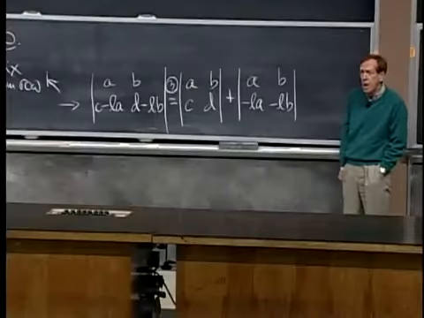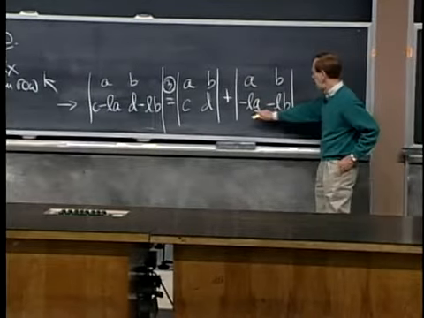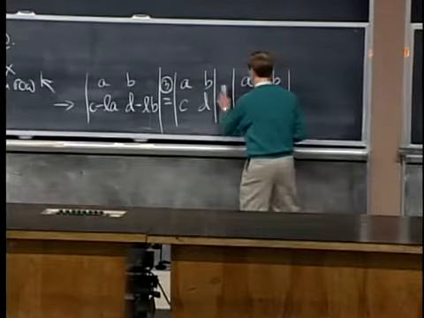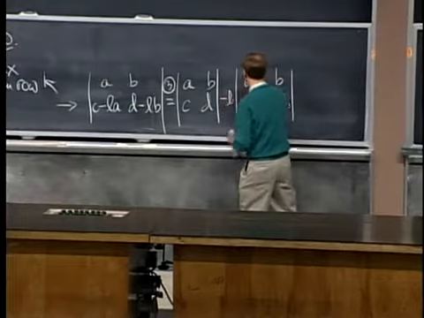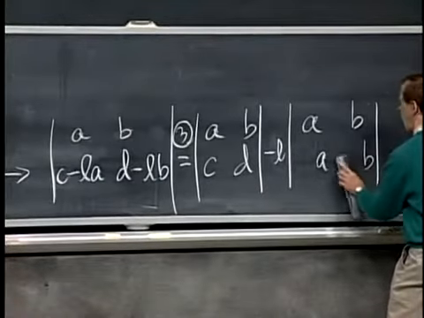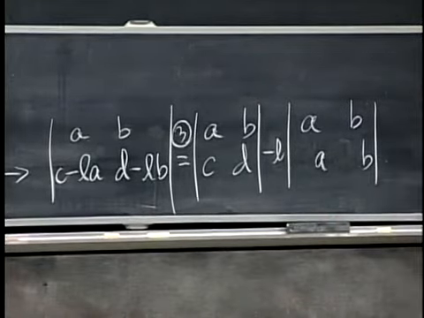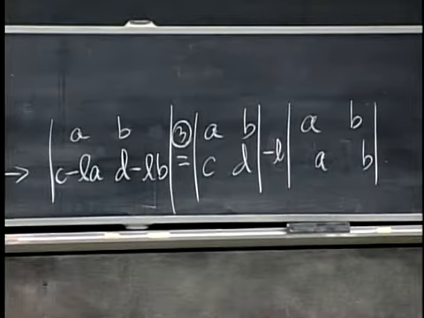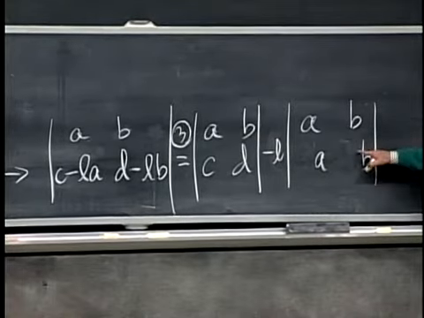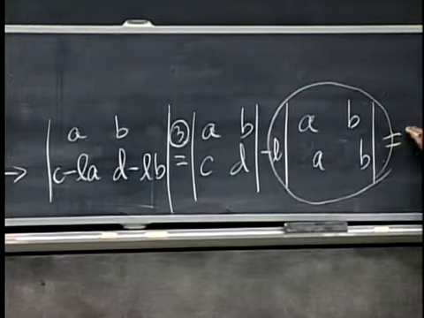Now, use 3A. How do you use 3A? Which says I can factor out an L. I can factor out a minus L from this row, no problem. That was 3A. So now I've used property 3, and now I'm ready for the kill. Property 4 says that this determinant is 0.